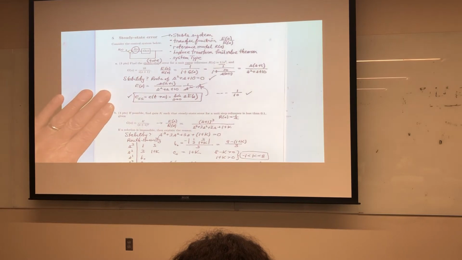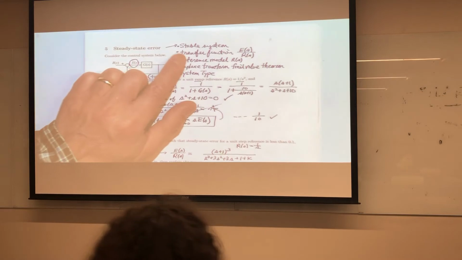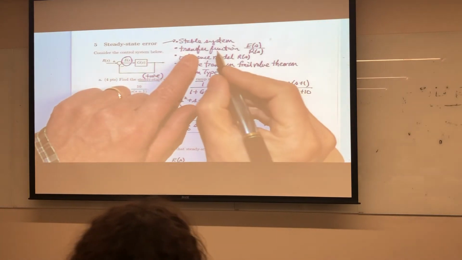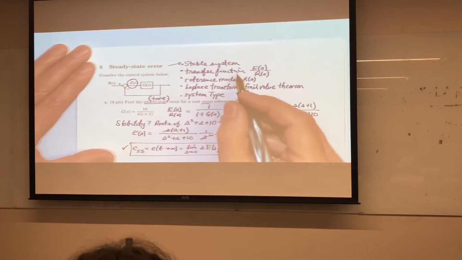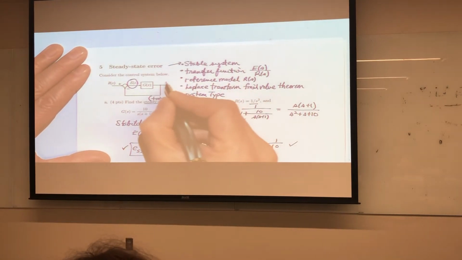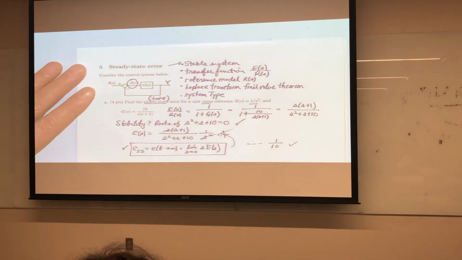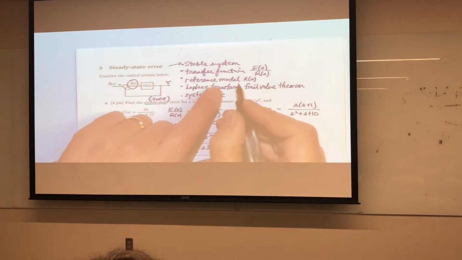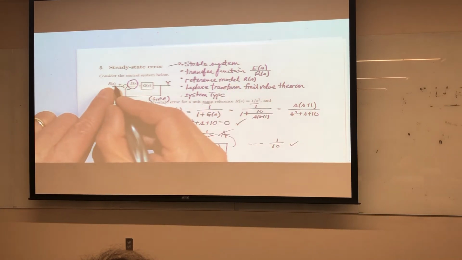Okay, so the basic principles are, first of all, check stability of the system, and understand how to derive the correct transfer function. Sometimes students will look at this output, at y, and try to derive the transfer function from here to here, but that would not be the correct approach. Understand how to apply the model of the reference input, this signal here.